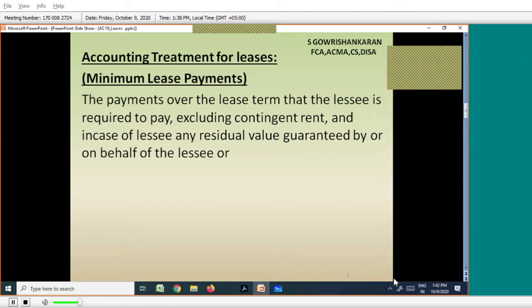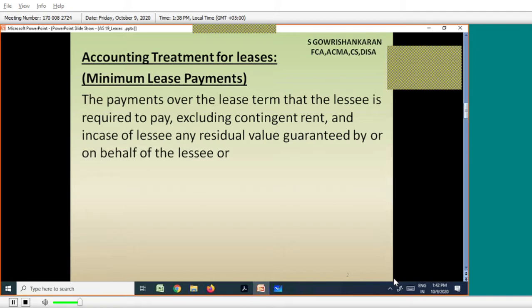Guaranteed residual value means the guarantee given by the lessee to lessor. After the duration of the lease period, the lessee itself guarantees to the lessor that I will buy this asset for this scrap value, this residual value amount.